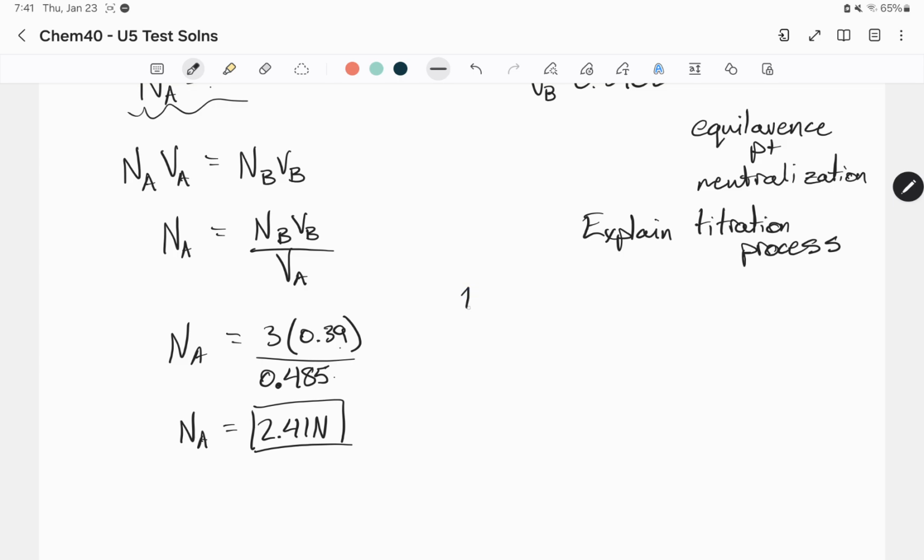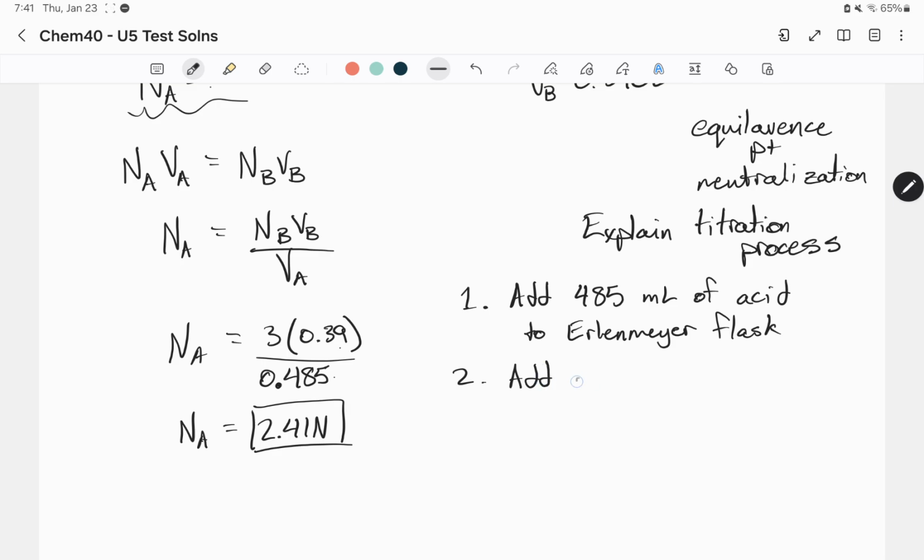So titration steps, first off, you need to add 485 mils of acidic solution to an Erlenmeyer flask. Okay, that's the first step. If you guys recall the lab, after this, we need to add an indicator to the flask.